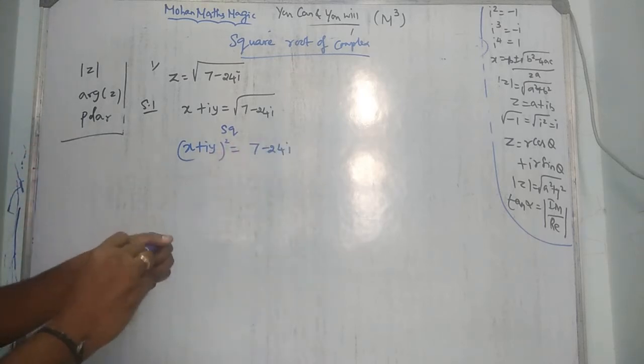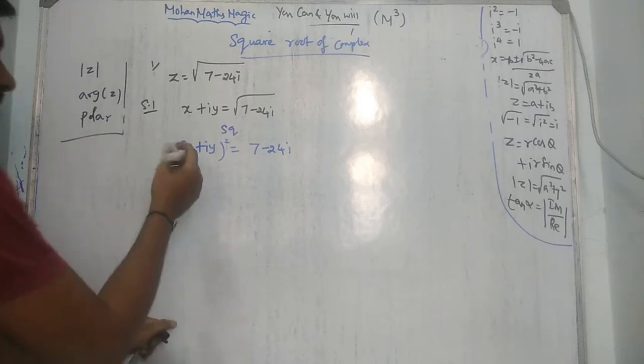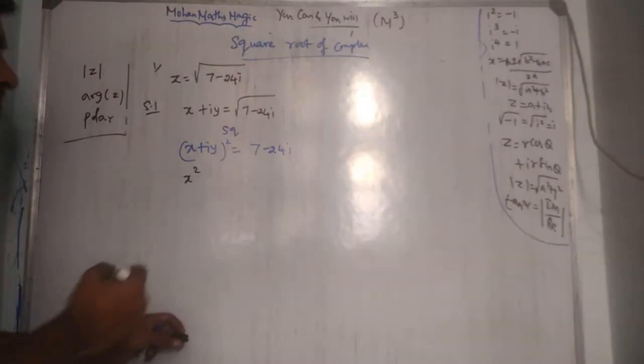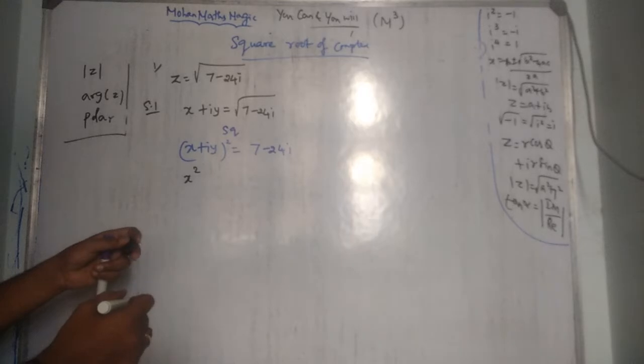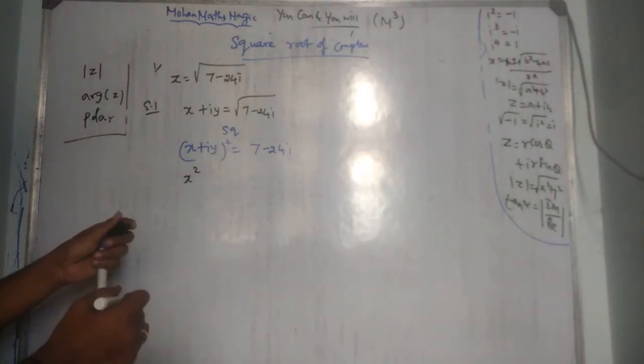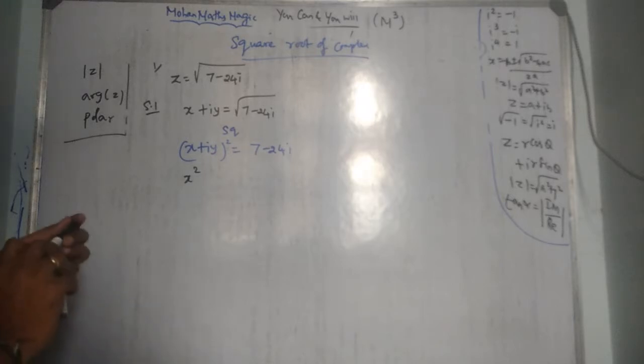Next, (a plus b) whole square expands to a square plus b square plus 2ab.